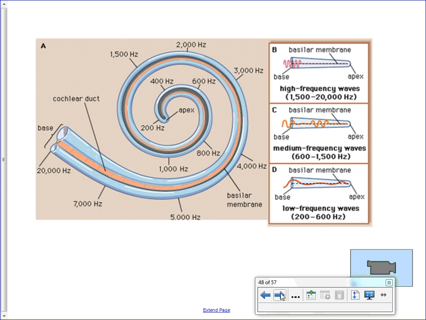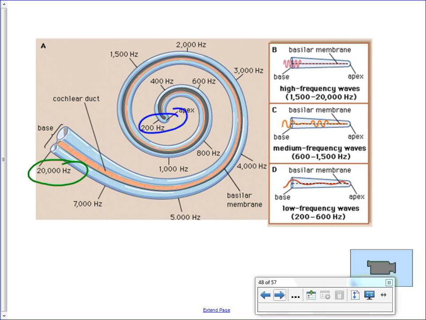This is the snail-shaped cochlea that we're taking a look at here. You certainly don't need to remember any specific frequencies, but I did mention that the beginning of the cochlea responds to higher energy sounds. Toward the end of the cochlea, it's responding to the lower energy sounds.